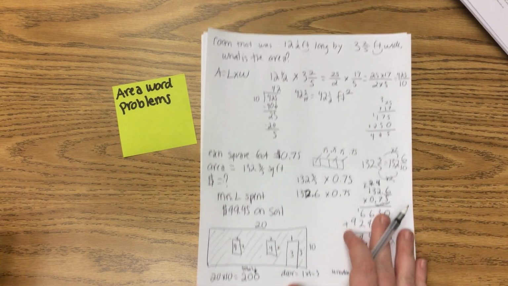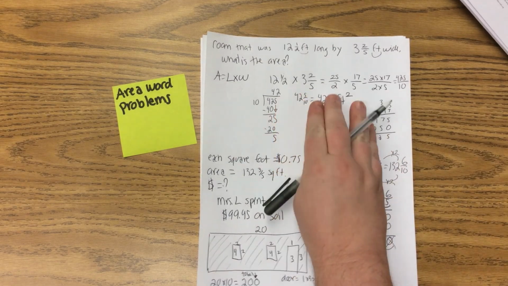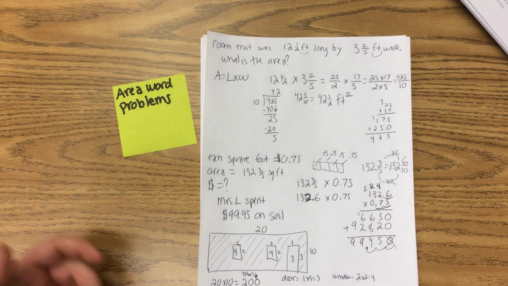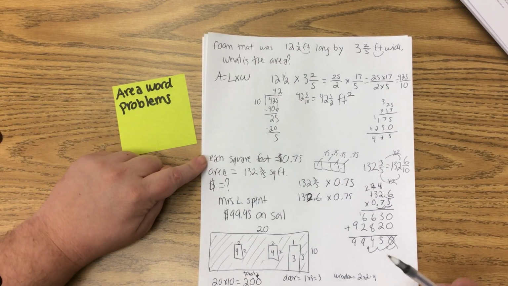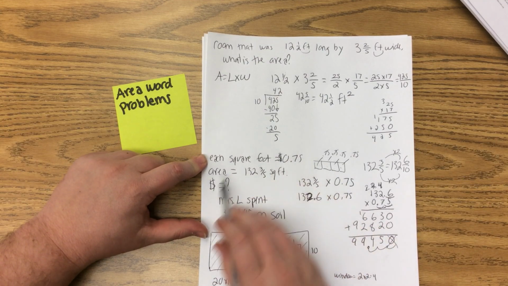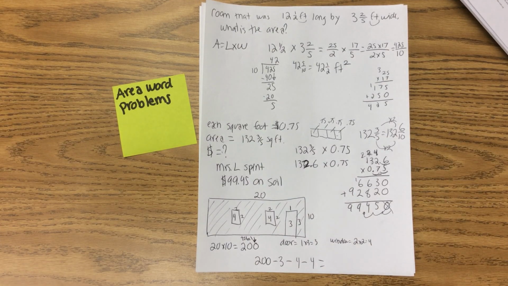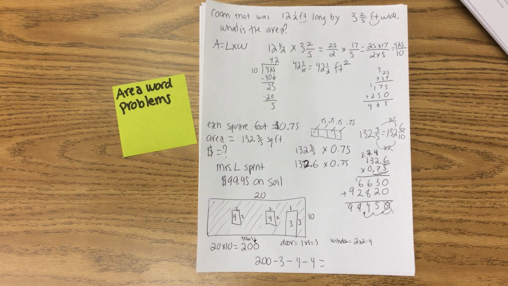Hopefully you got a little practice here of determining word problems and how we use them with our area and with our mixed numbers. Basically, you just need to make sure that you're using your improper fraction skills and applying them to an area context, whether it be to find the area of a room or a concrete basketball court, or whether it be that you're using the area to find the answer of something else, like here when we found how much it would cost Mrs. L to plant a soil garden, or when you're trying to find the area of a specific area that is not covered, or the basil plant in the garden.